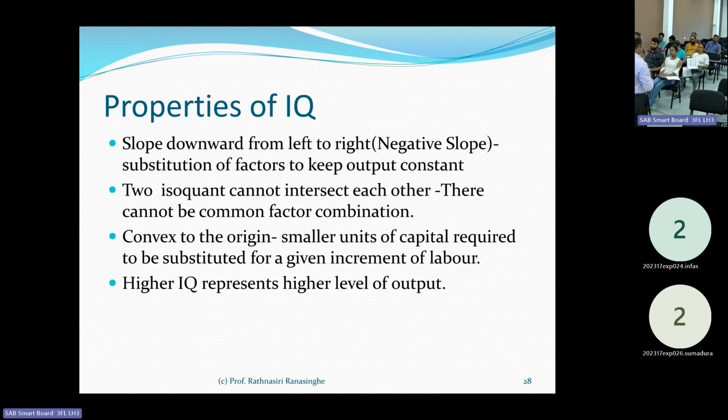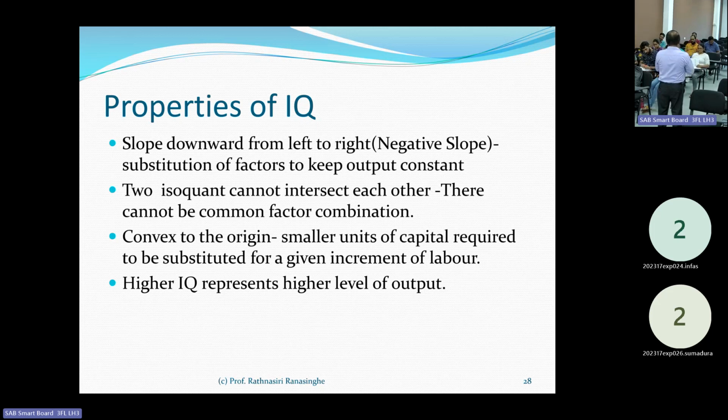The slope is given by the marginal rate of technical substitution. If you calculate the slope of the isoquant, we will look at it later. You may remember MRS, marginal rate of substitution, from the indifference curve.